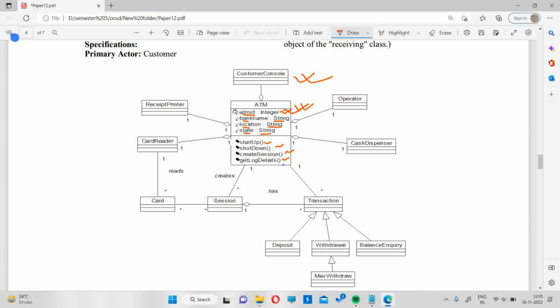Now through the ATM, different things are connected. One is the receipt printer, because after you withdraw your money, you get a receipt. One is the card reader. You put your ATM card in the card reader and it checks all the details, whether it is valid or not. One is the cash dispenser, one is the operator. And now we are seeing here how it works.